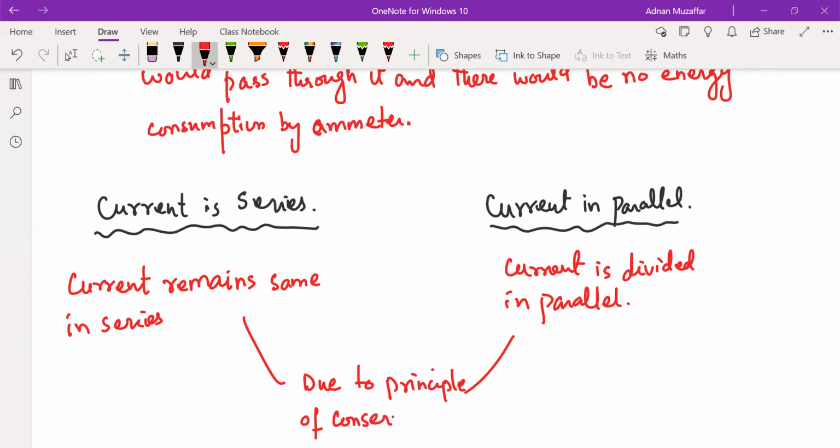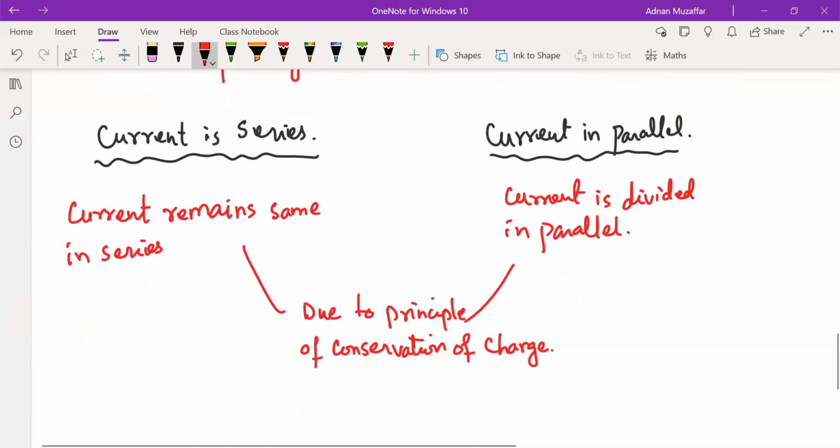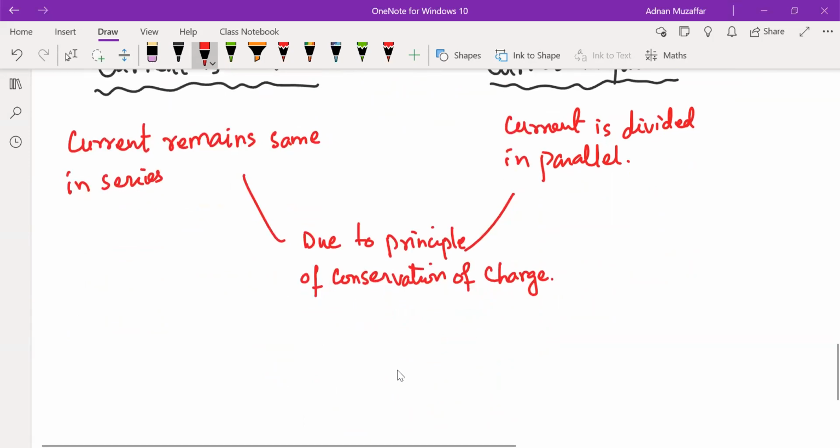What is the meaning of the principle of conservation of charge? Total charge always remains the same. It makes sense, by the way: no charge can be destroyed, no charge can be created. Whatever charge is given to the circuit has to come out. It has to be conserved all the time.